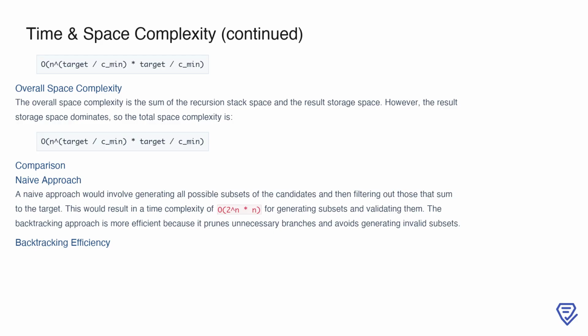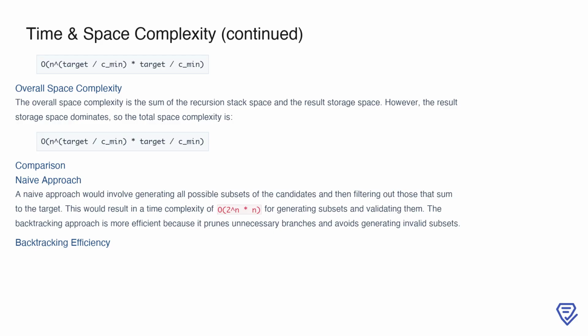When comparing this backtracking approach to a naive method, the difference in efficiency becomes evident. A naive approach would generate all possible subsets of the candidates and then filter out the ones that sum to the target. This has a time complexity of O(2^n * n) for generating subsets and validating them. In contrast, backtracking avoids generating invalid subsets by pruning unnecessary branches.